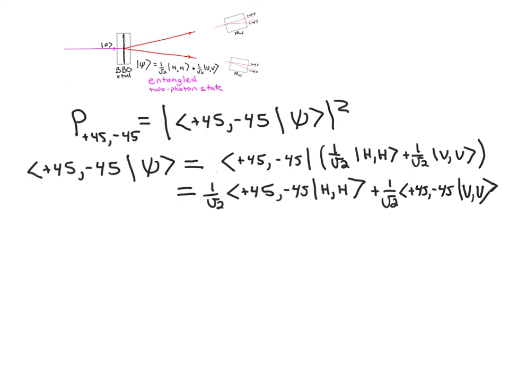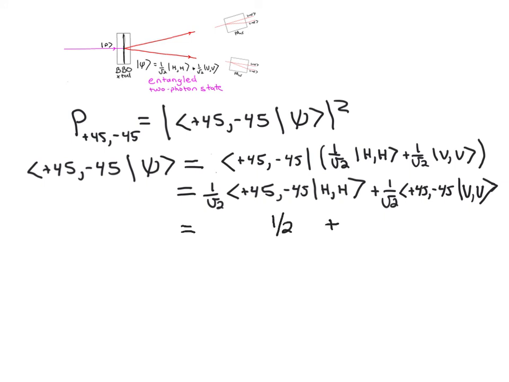So what is the right way to calculate this joint probability amplitude? So if we write things out, what you see is because the state that we're dealing with is a sum of two terms, the probability amplitude that we need to calculate is the sum of two different probability amplitudes. Well, we just evaluated the first one, and we showed that it was equal to plus 1/2.